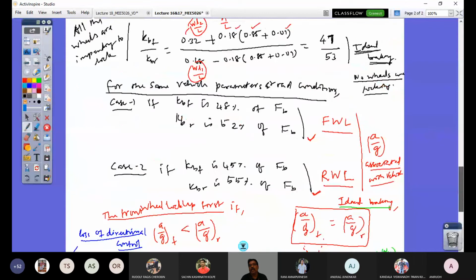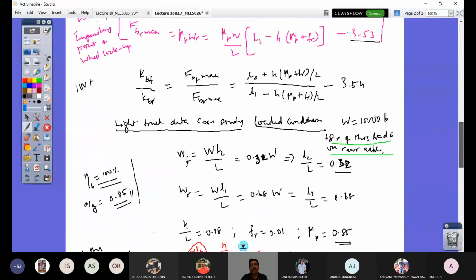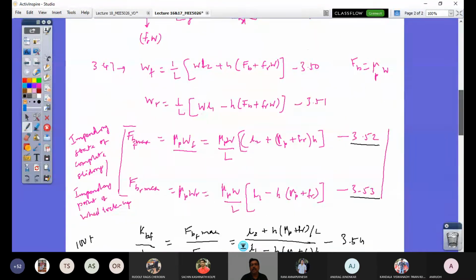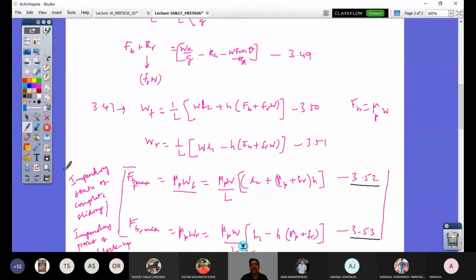So these are the equations here we have. 3.50 is this equation, that is WF and WR. So in this place, FB plus FRW. So this is what I have. So if I replace this by WA by G, my expression will be changing like this. How? In this way.